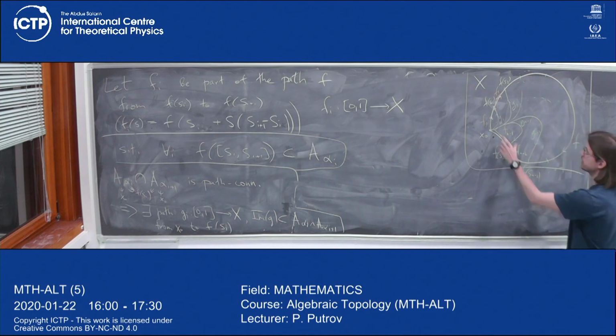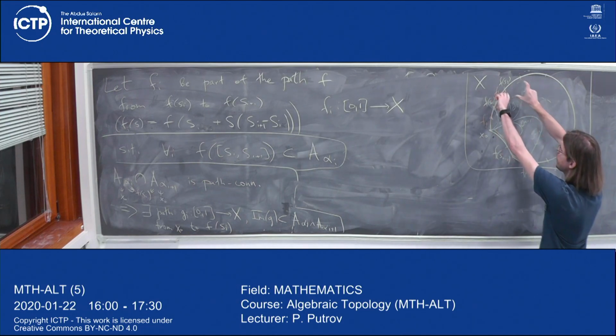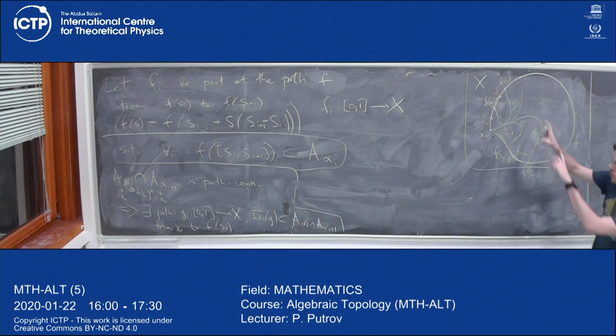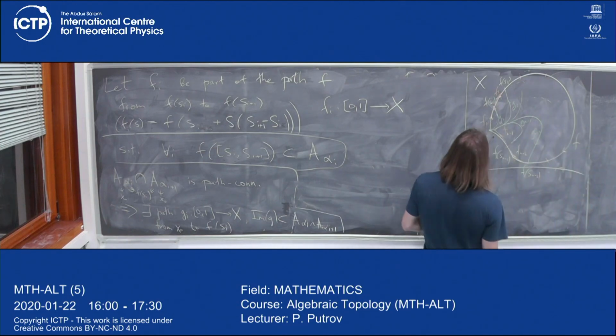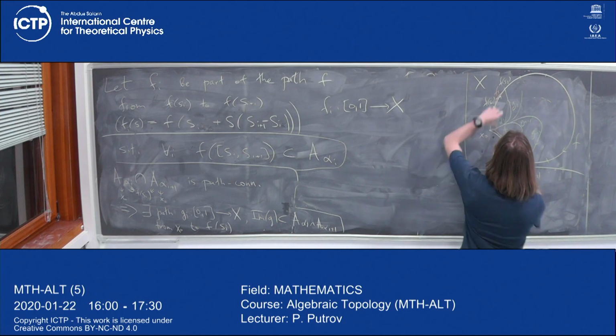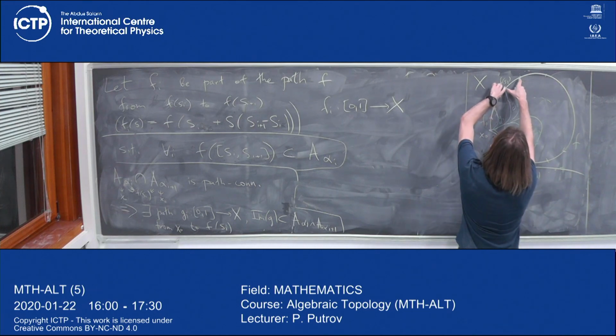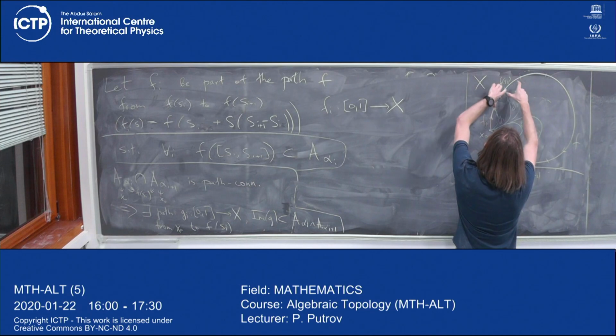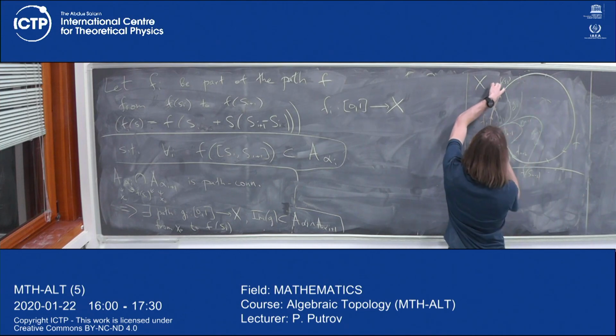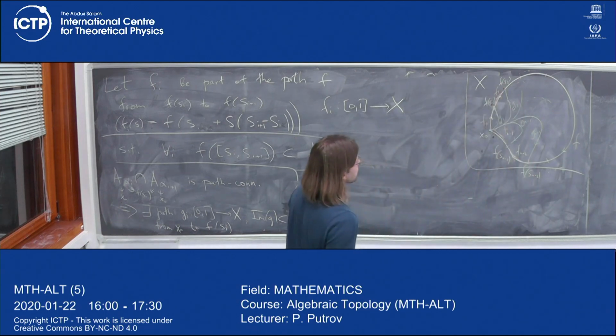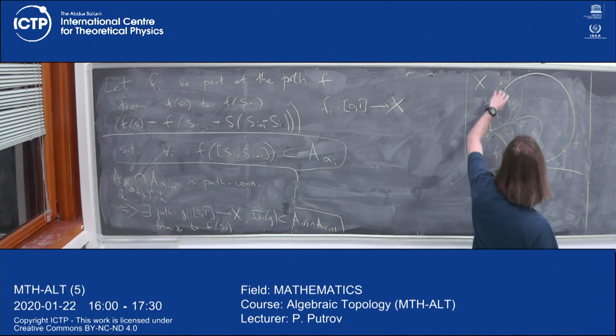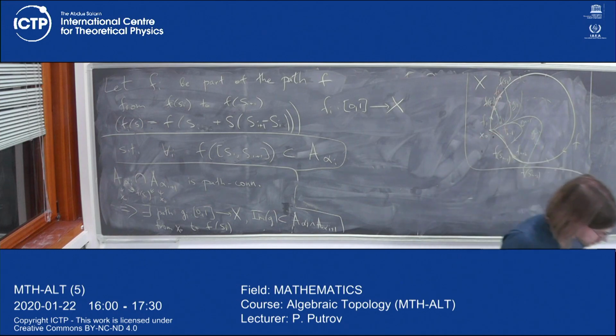So we use the fact that each of these small intervals is mapped to a particular subspace A, and moreover, for two neighboring intervals, the intersection is path connected and also contains point x0, so there exists a path G2 like this, which lies completely inside this intersection in subsets.